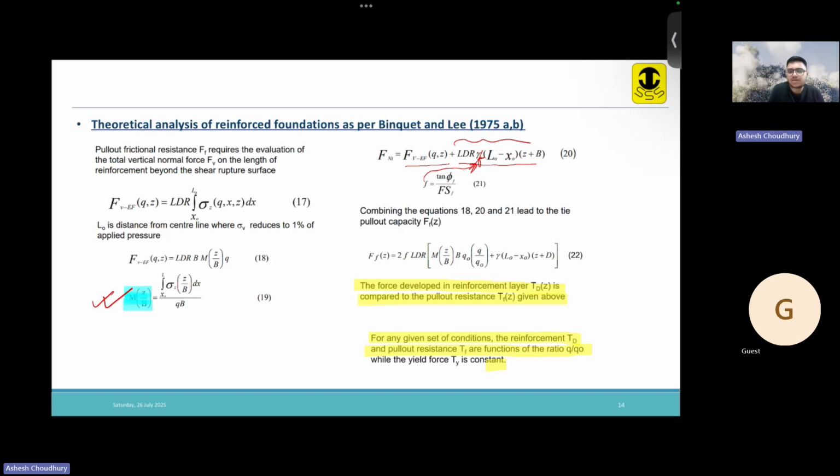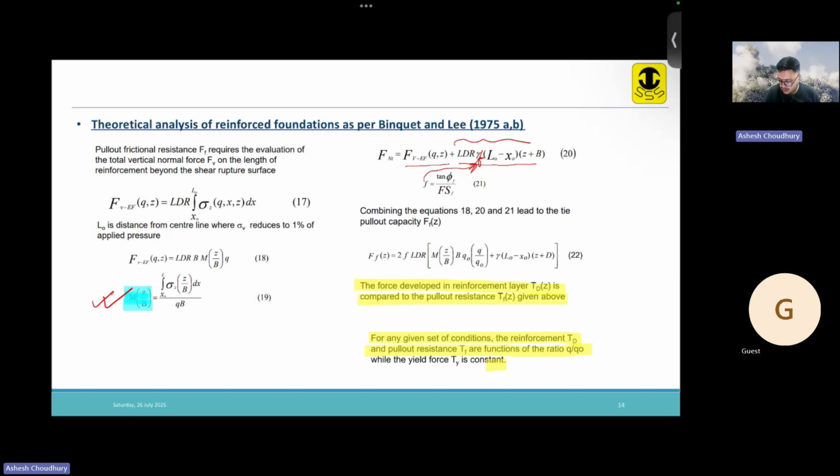We multiply the overburden pressure with the friction coefficient, and only then will it be converted to the horizontal pressure. When we multiply the vertical pressure with the friction coefficient, it gets converted to the horizontal pressure, the frictional pressure. That's why the F term should be here.